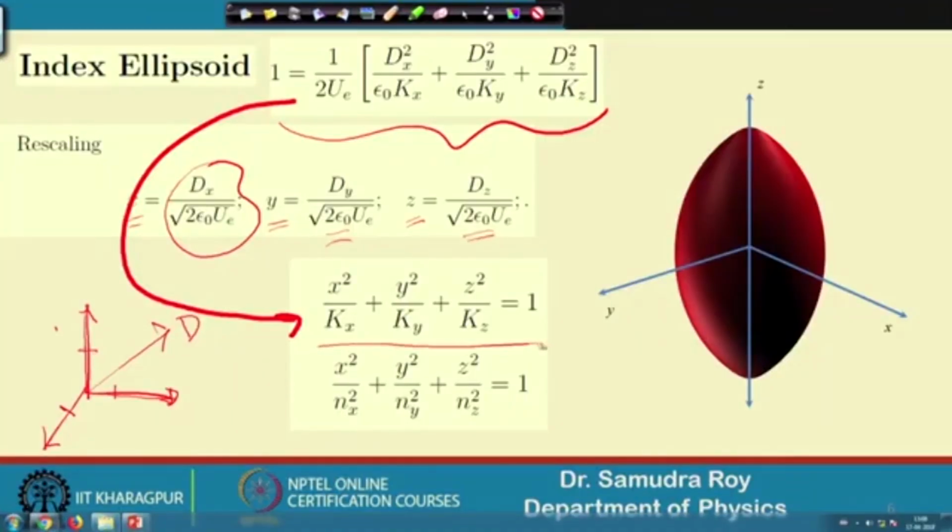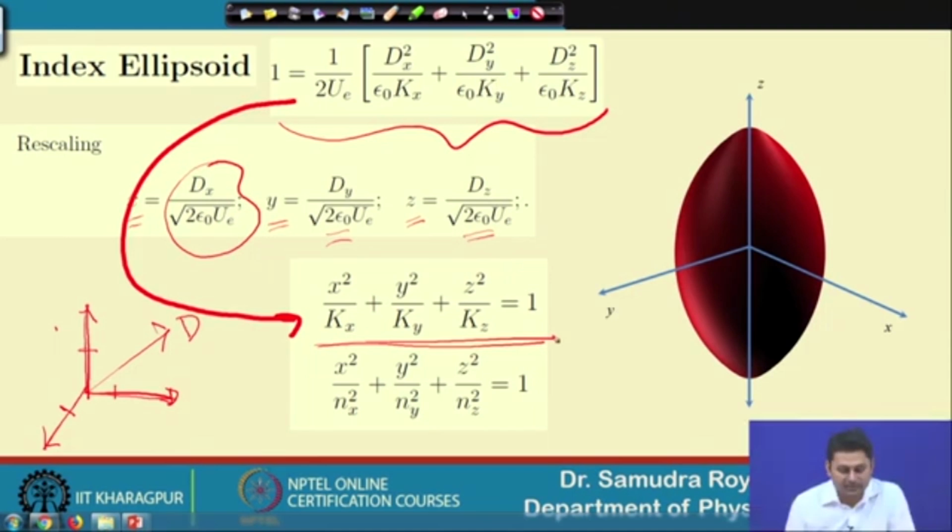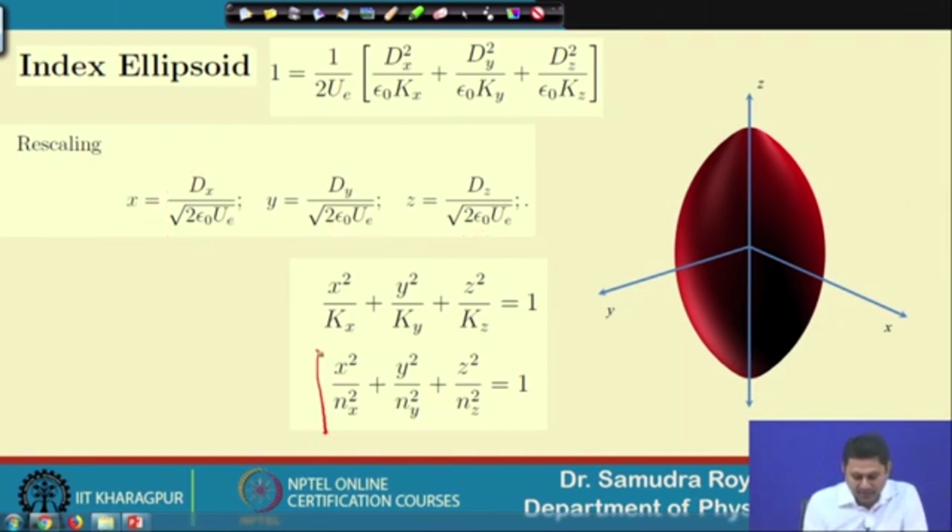So after doing that, we got this expression: x square divided by kx, y square divided by ky, plus z square divided by kz. Now if I write the same expression, because kx, ky, kz can be expressed as nx square, ny square and nz square respectively, then I have an equation which is basically the equation of an ellipsoid.